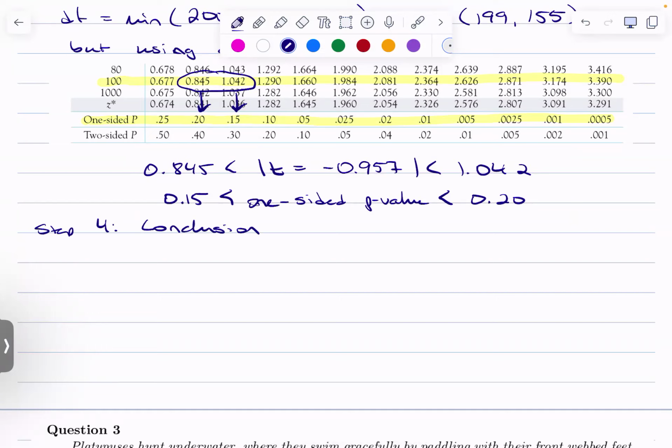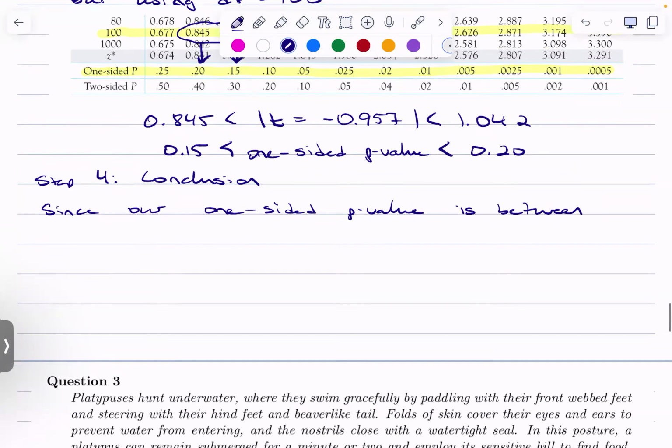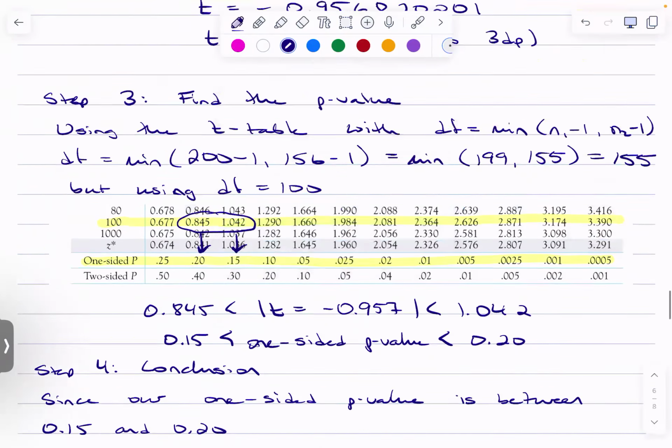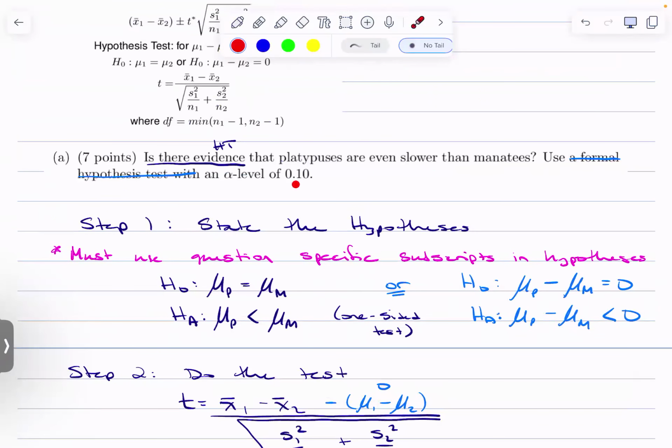Since our one-sided p-value is between 0.15 and 0.20. I'm going to scroll. I have a feeling we were given an alpha level to use. We were, and it wasn't 0.5, but still, it's not going to be less than 0.1 anyways.